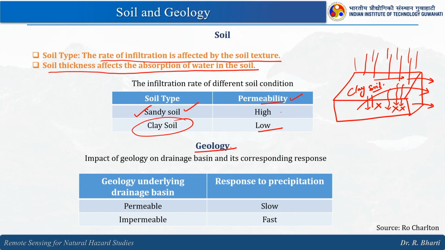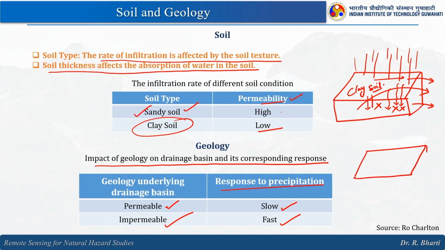Then comes the geology of that region. The impact of geology on the drainage basin and its corresponding response is given here. When we have permeability, the response to precipitation is slow, right. If it is impermeable, then it will be very fast. Let us try to understand.